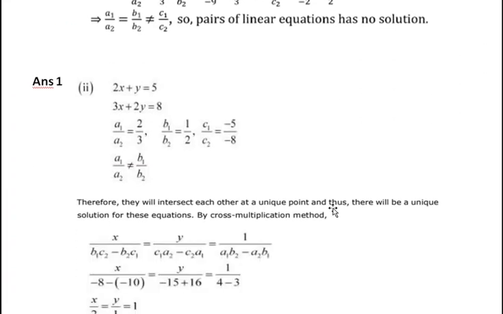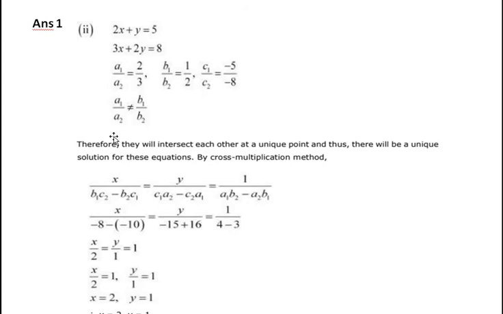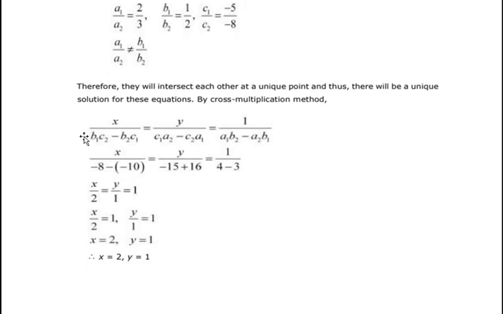Let us take the second one. Here we can see that after putting the values of a1, b1, c1 and a2, b2, c2, a1 by a2 not equals to b1 by b2. Therefore, they will intersect each other at a unique point, and thus there will be a unique solution. Now by cross multiplication method, simply if you memorize this, or memorize that cross multiplication chart, by putting the values, first you will get like this.